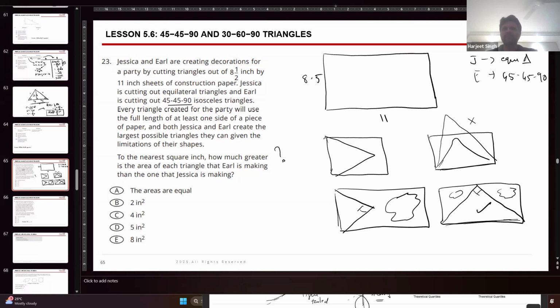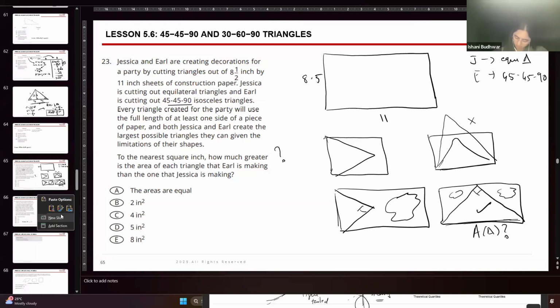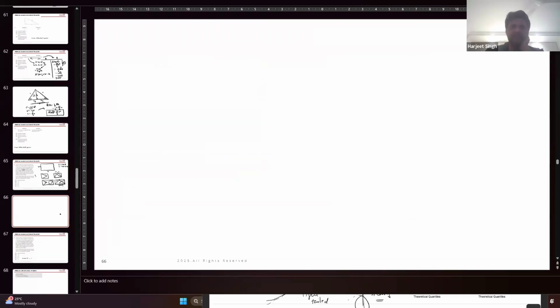Now the question is, what is the area of this triangle? So now we come to 45, 45, 90 one first.